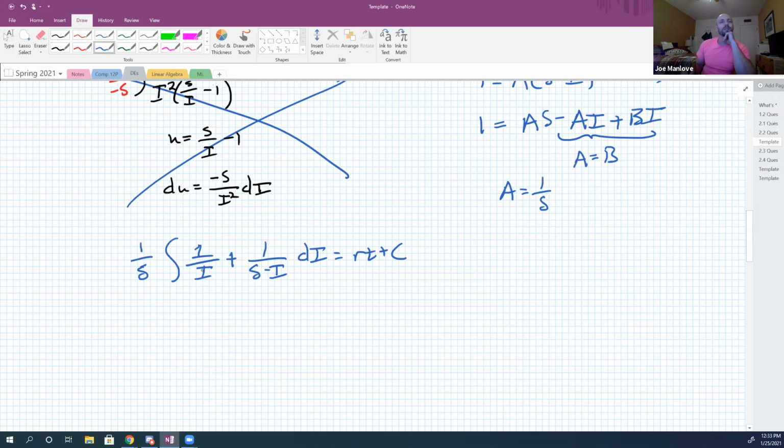Okay, and then I can maybe get some stuff together here. How do you integrate these? It's the integral of 1 over I dI, natural log of the absolute value of I. And then this other one is a little U substitution later.